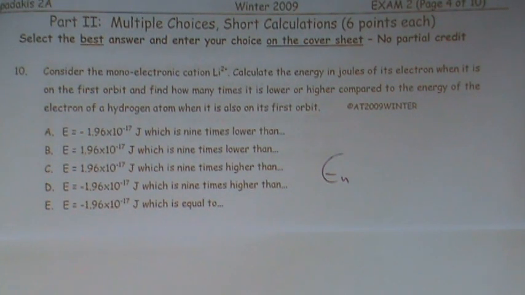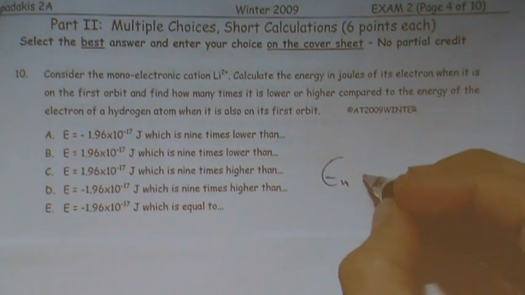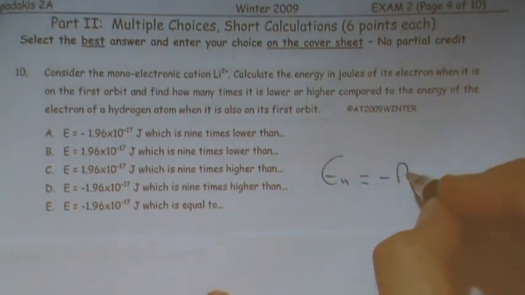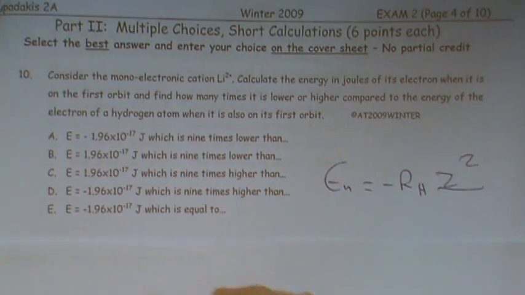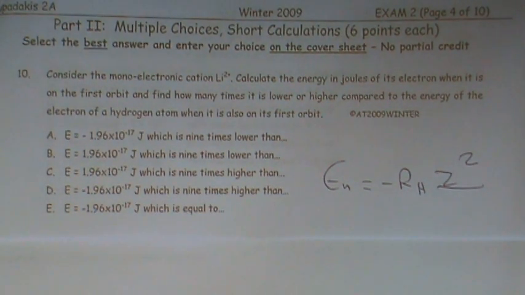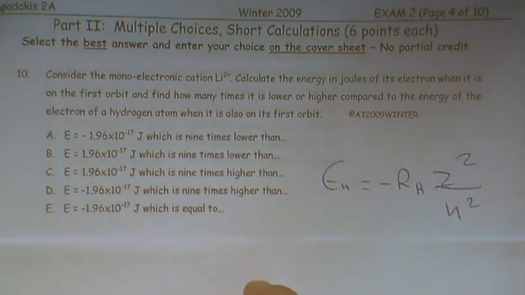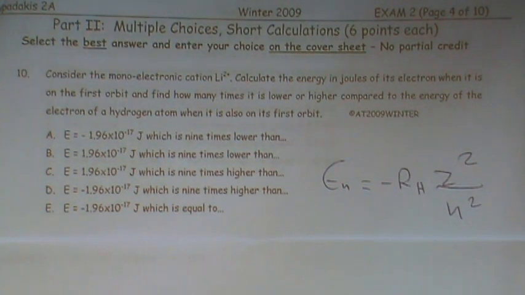In that case, the energy of that electron is equal to minus RH constant, Z squared, the square of the atomic number of the nucleus, divided by the square of the first quantum number n, which tells us in what orbit, in Bohr's model: 1, 2, 3, and so on. So that's the equation we're going to use.